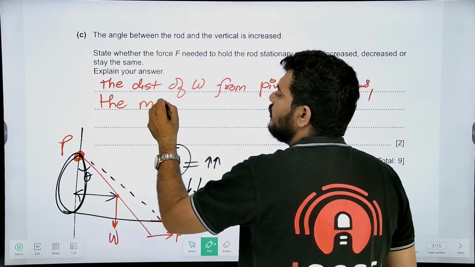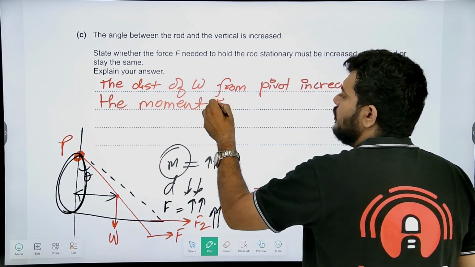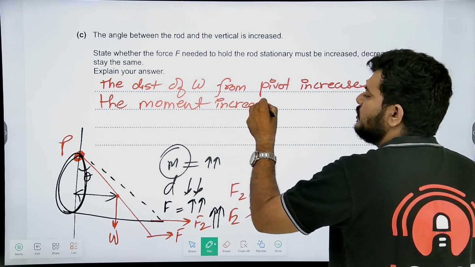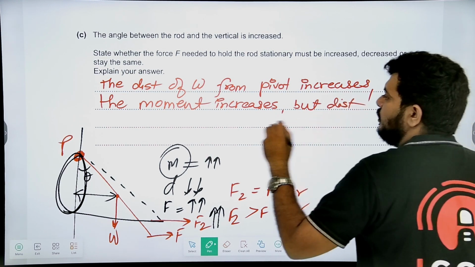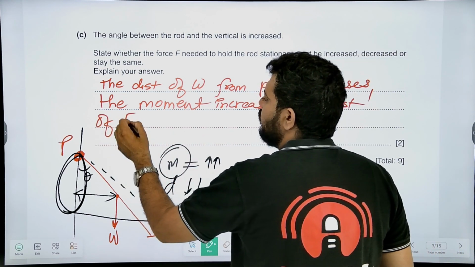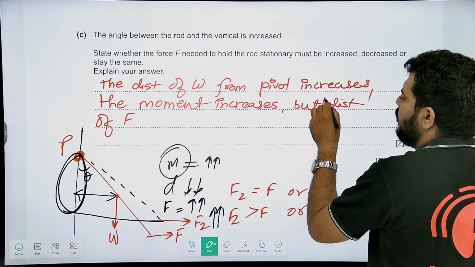The moment increases, but the distance of F, or perpendicular distance, right?